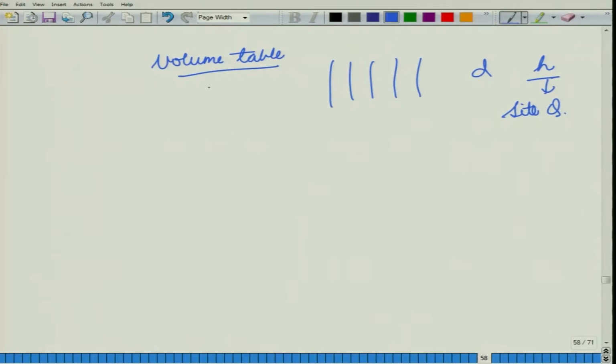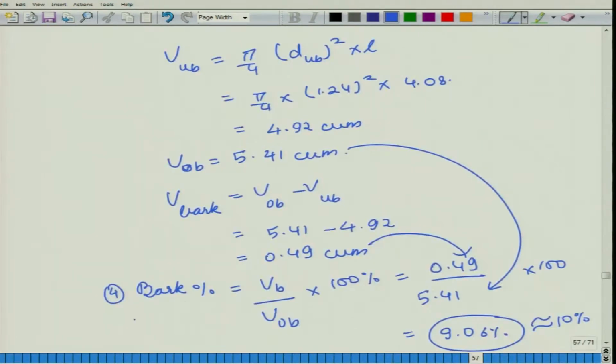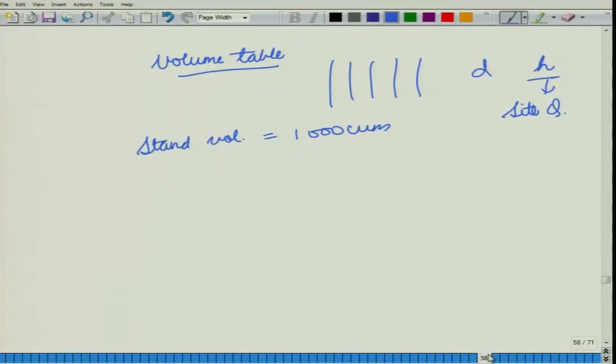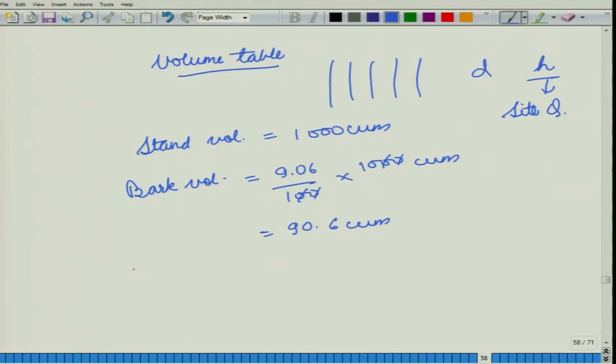So, if we knew that a stand volume was, suppose, 1000 cubic meters, from this example we calculated that the bark percent was 9.06%. So, how much would be the bark volume? It would be 9.06% of 1000 cubic meters, which is 90.6 cubic meters.